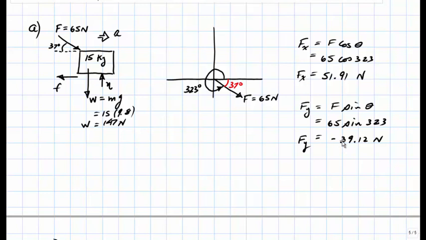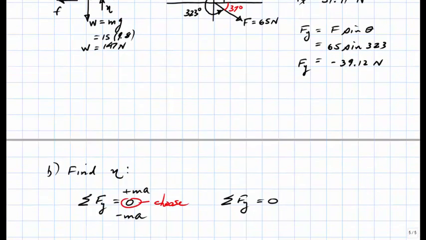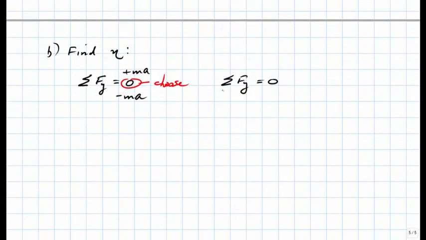So we're going to extend 3 fingers from the summation. As we noted, we have F sub y, we have the normal, and the weight is going to be entered as a negative value because it's pointing downwards.